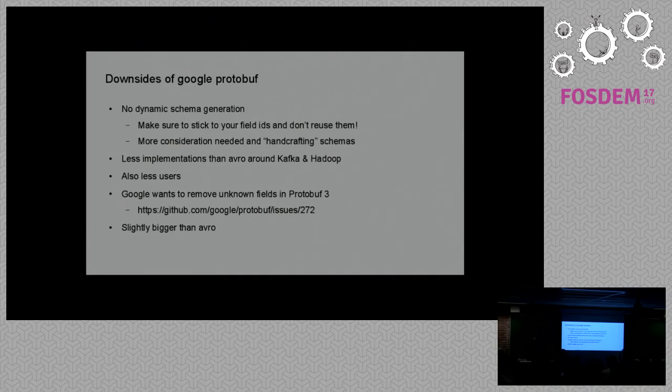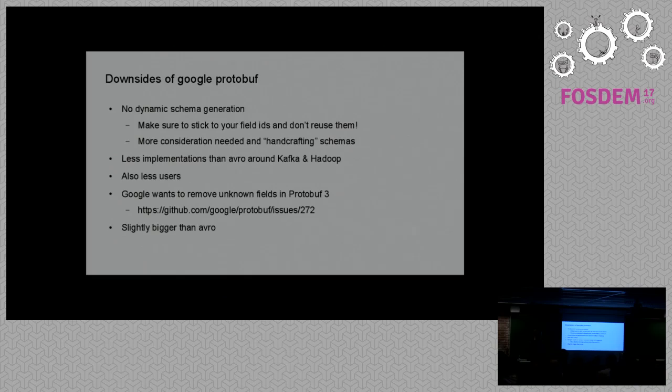There are also fewer implementations for it around the Kafka and Hadoop ecosystem, and fewer people using it, so you will find out that you will often have to write the serializer and deserializer yourself. Therefore, with Avro, you basically find enough implementations of that. A big issue is that Google kind of wants to remove these unknown fields in Protobuf 3.